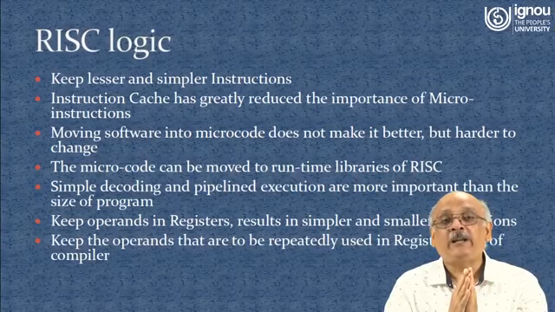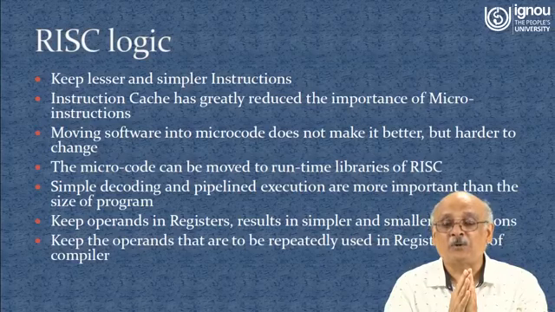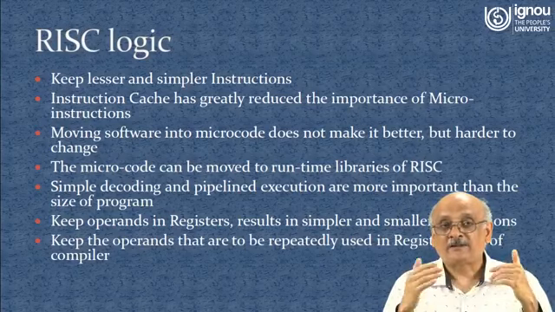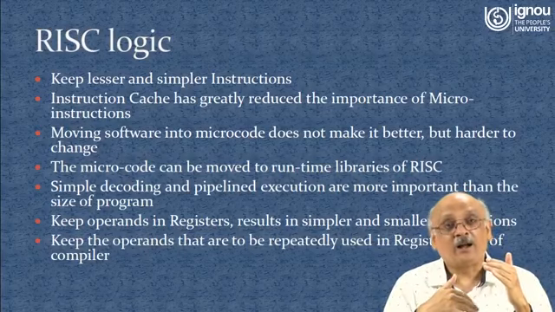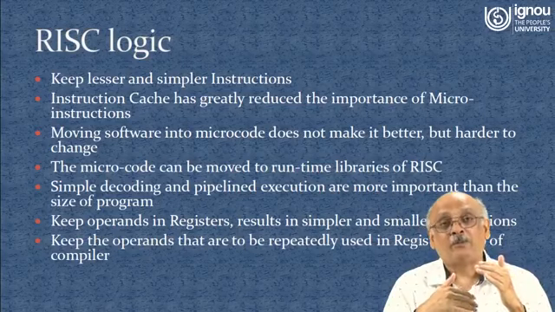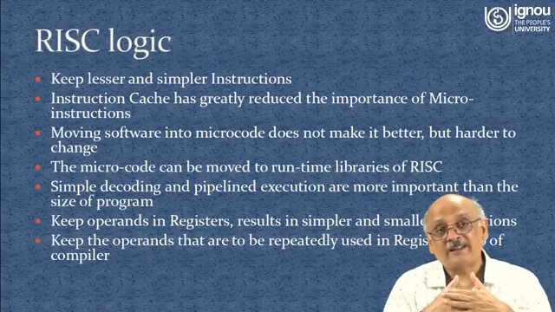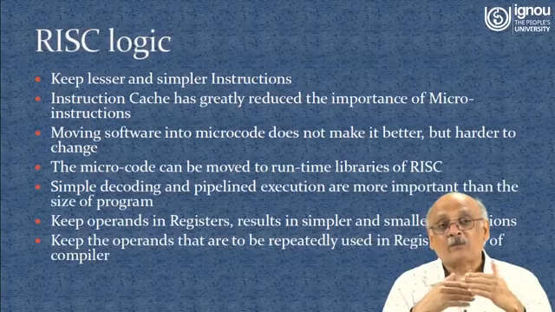Then simple decoding and pipelined execution are more important than the size of the program, right? Just like I indicated, the size of the RISC program as far as the number of instructions is concerned is going to be larger, but the overall size may be smaller. But what is being stated here is simple decoding and pipelined execution.